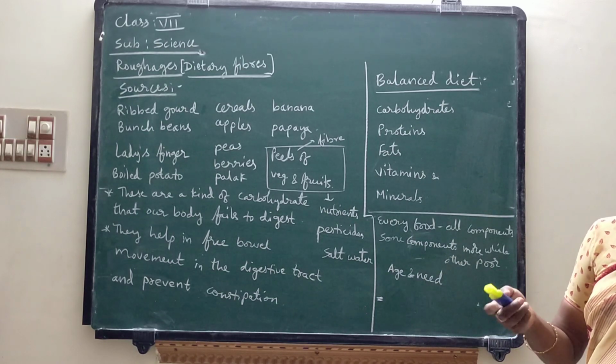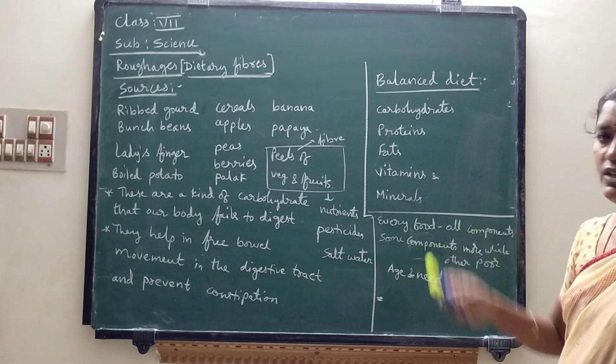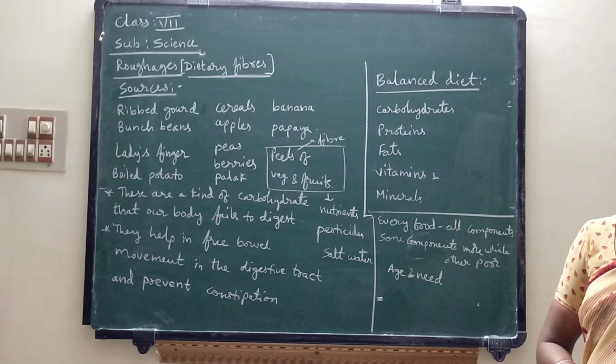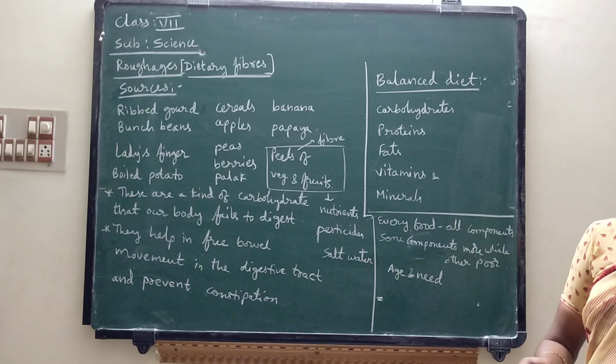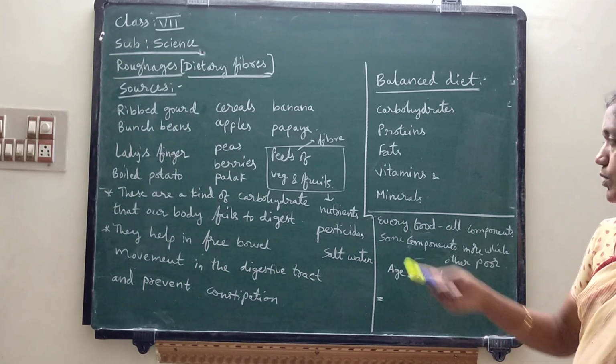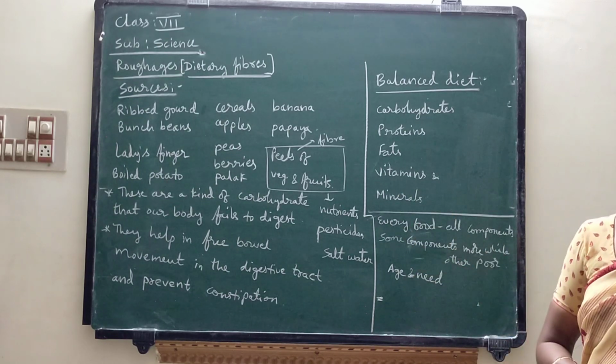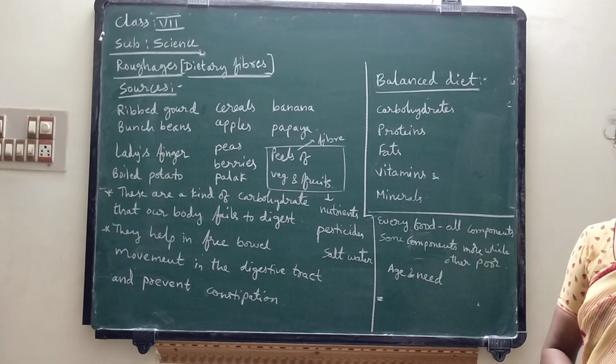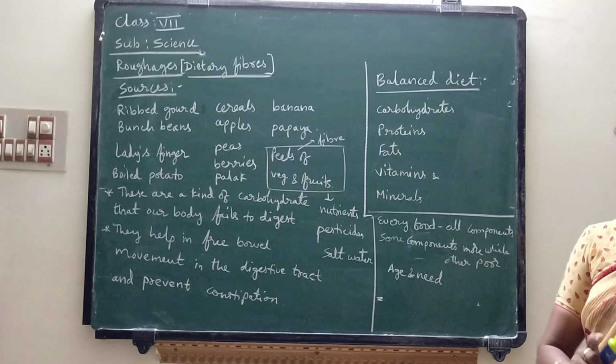And if you take curd rice, then also your body will get fats. Next, vitamins and minerals. If you make any curry using vegetables, then your body will get some vitamins. If you eat some vegetables and fruits, then also your body will get minerals, children.